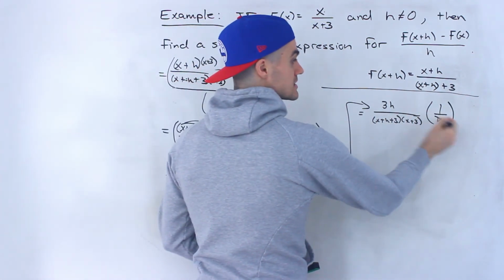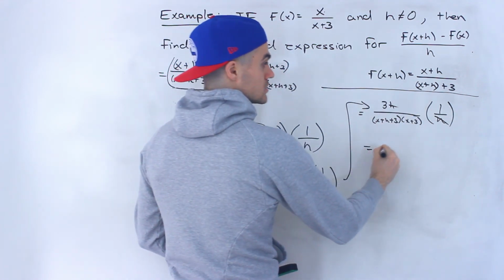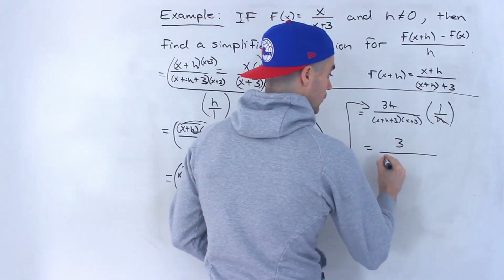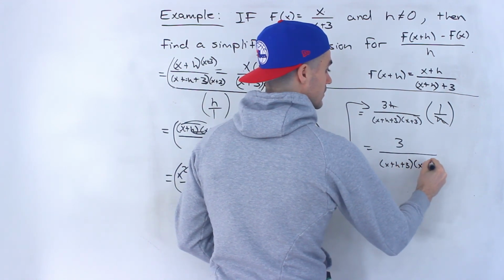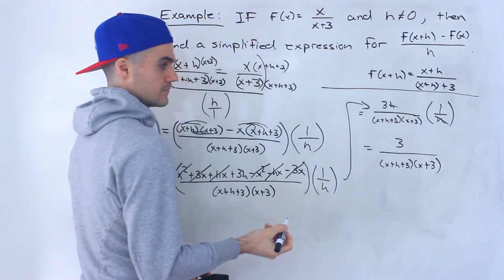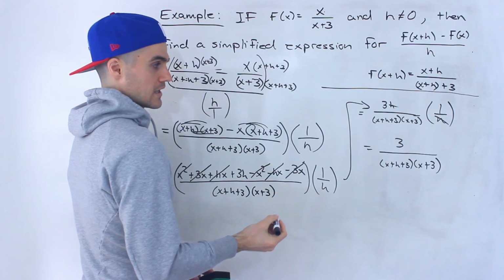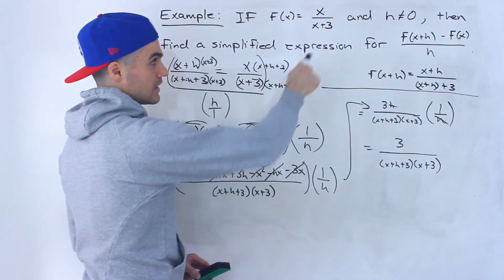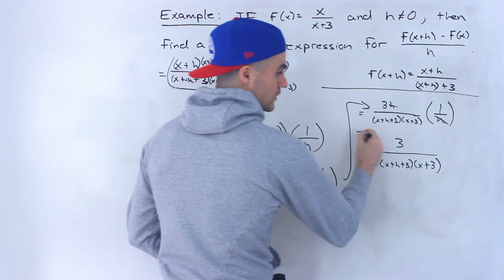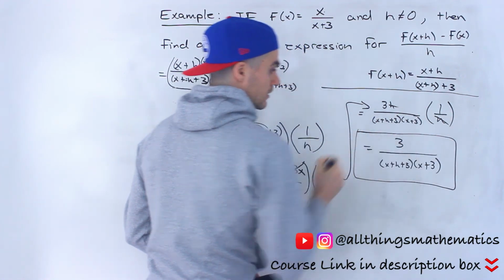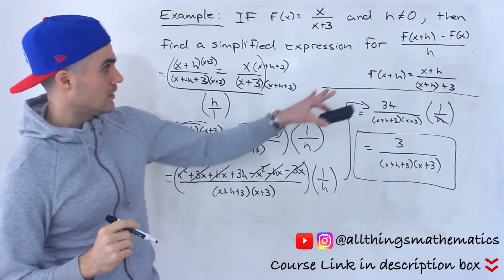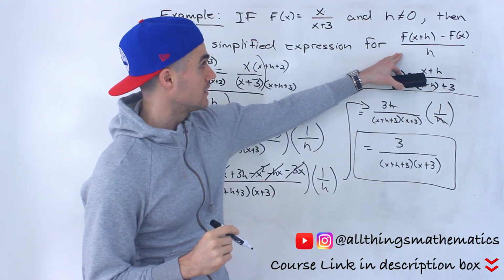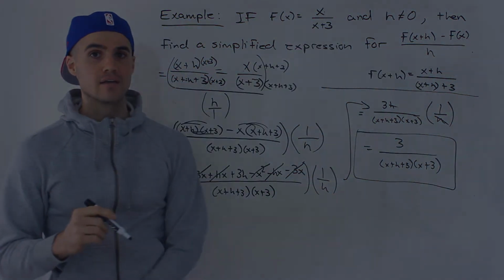And then notice this h cancels out, so we're left with 3 over x plus h plus 3 times x plus 3. And notice this we can't simplify any further. h is not equaling 0, we're not plugging in 0 for h, so this here would be the final simplified expression. This expression here simplified for that function.